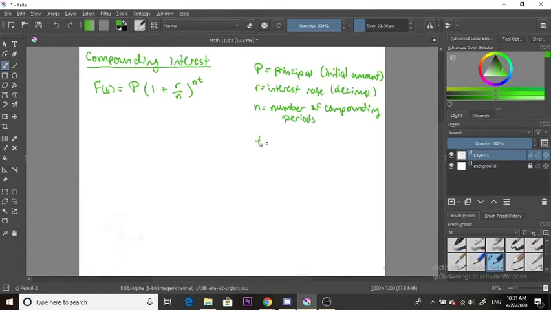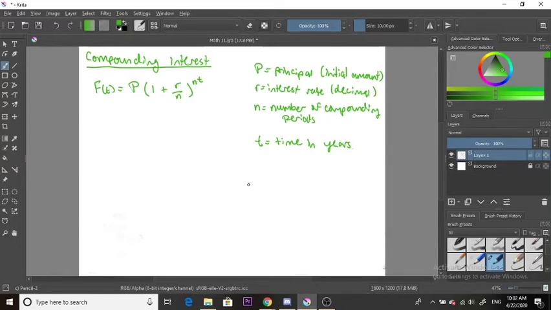And then finally, our T is time in years. So this is the basic formula. This is what everything means. And you can use this formula to calculate how much interest you would make based on what you put in and what your interest rate is, and whether it's monthly, annually, biweekly, whatever kind of compounding period.